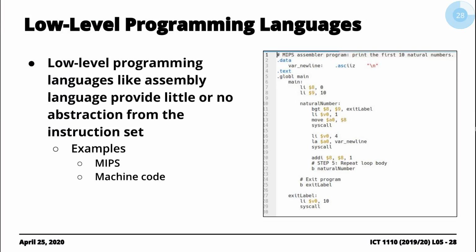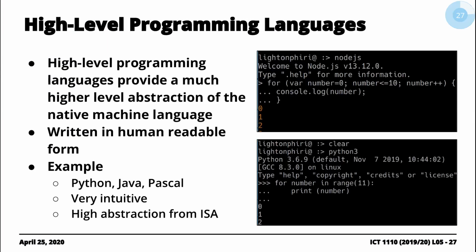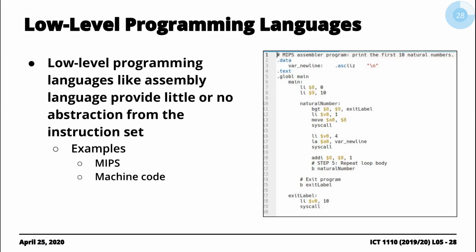But in comparison to low-level languages such as MIPS assembler, for instance, so assembly language programs and machine code, you notice that if you look at assembly language, these building blocks are not immediately intuitive. For you to understand what BGT is, what LI is, you'd need to read the manual associated with this particular assembly language on the slide, which is MIPS assembler, right?